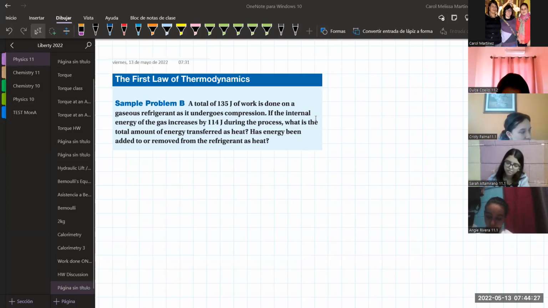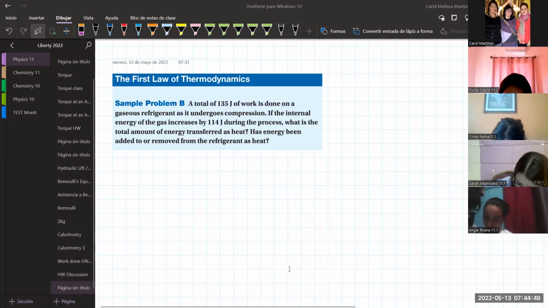So it says, a total of 135 joules of work is done on a gaseous refrigerant as it undergoes compression. If the internal energy of the gas increases by 114 joules during the process, what is the total amount of energy that is transferred as heat? Has energy been added or removed from the refrigerant as heat?